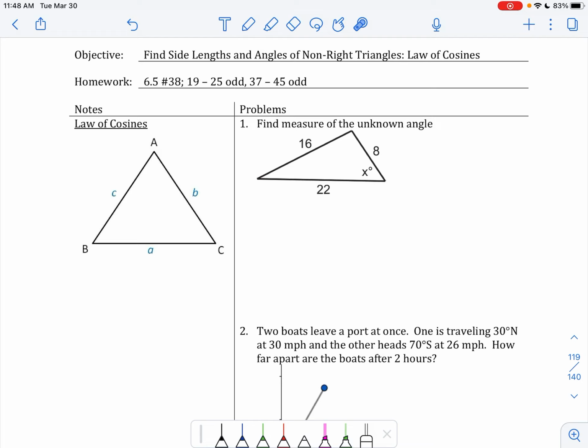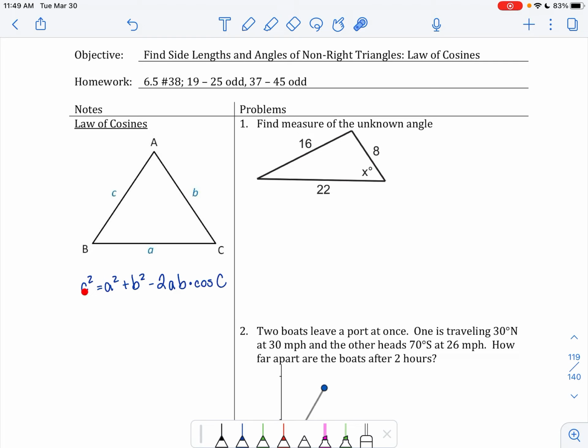We again have the triangle where the opposite corresponding labels. And what the law of cosines says is that c squared is equal to a squared plus b squared minus 2ab times the cosine of C. So I told you it's not as nice.